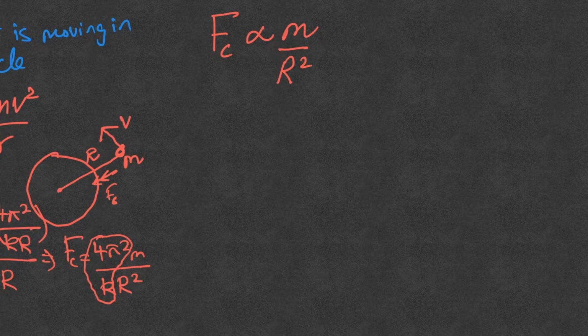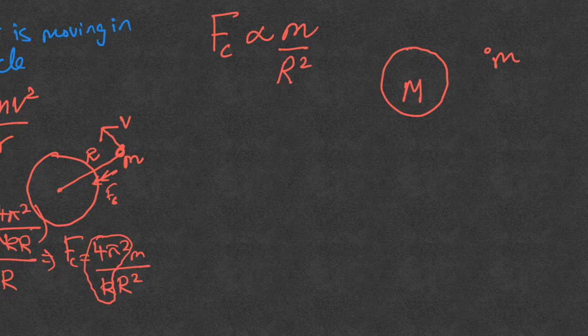Now, this m, remind yourself again, this is the mass of the smaller object. The mass of the larger object, which is the planet itself, is capital M, and the mass of the smaller planet is small m. And what is r? R is the distance between them, and that's how you get Fc is proportional to m over r square.